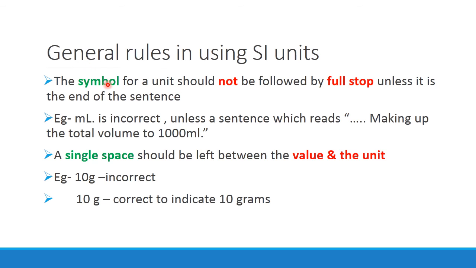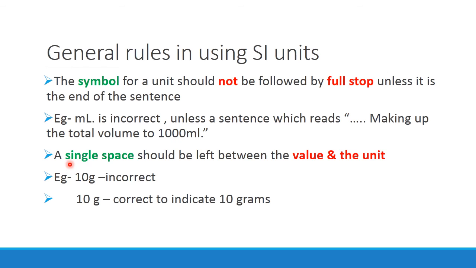So when you are putting forward symbols, you have to take care those won't be followed by a full stop unless it is the end of the sentence. For example, it should not end up like this, mL. It is incorrect, unless the sentence is ending, then you can give the full stop, as in making up the total volume to 1000 mL. Like this, if it is the end of the sentence, you can give the full stop.